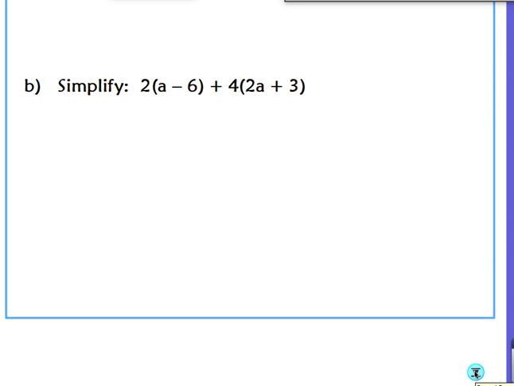I will follow the same steps as I did before. Step 1 is to distribute, then combine.